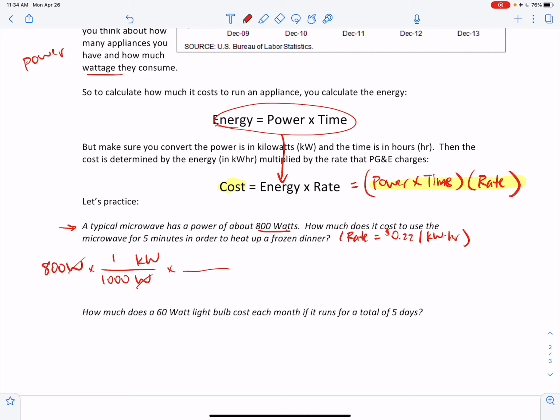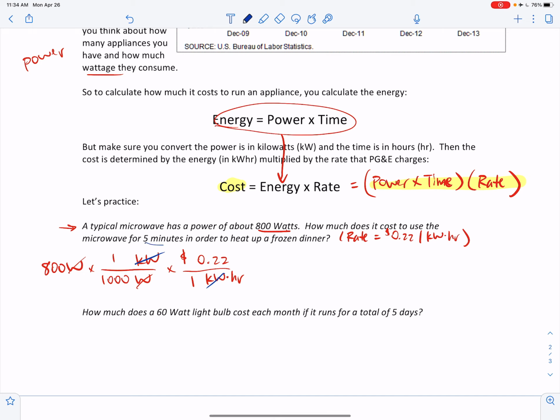So I'm going to have the kilowatt hour on the bottom, and the unit of dollars on the top. So we had 22 cents in 1 kilowatt hour. That's the rate. Now the kilowatt cancels out. If we stopped here, the units would be dollars per hour.